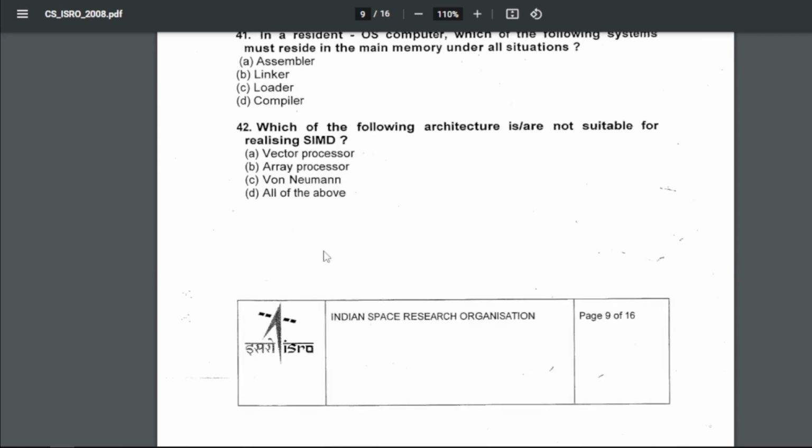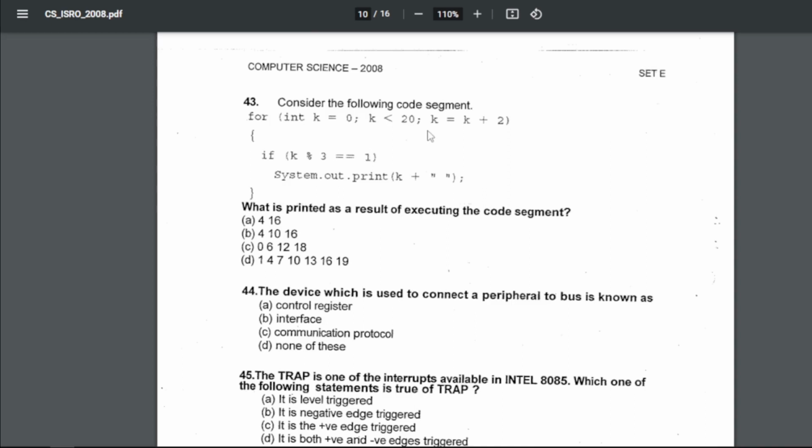42: which of the following architectures is not suitable for realizing SIMD? For SIMD there are vector processor, array processor and von Neumann. So the answer for that will be von Neumann, right? 43: consider the following code segment. What is printed as a result of executing the code segment?